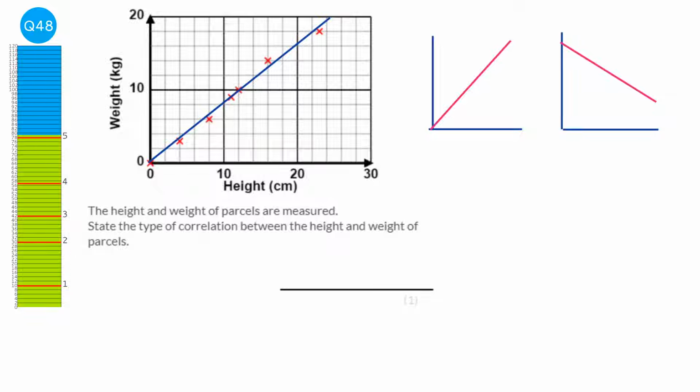So positive if it's going up, which this one is, so it's a positive correlation. And if it's going down, then it's a negative correlation. If the data is all over the place, so it looks like something like this, where you've got the points everywhere, we say that's no correlation.